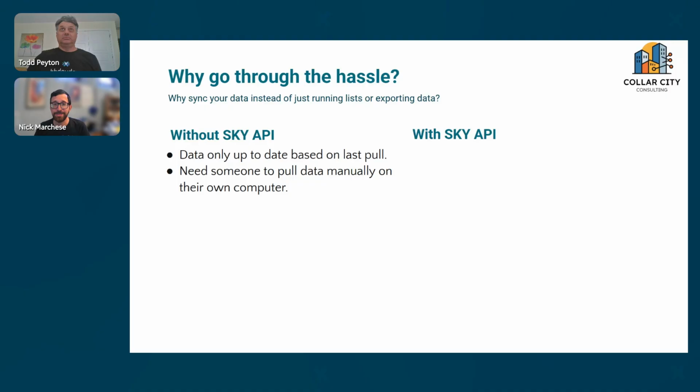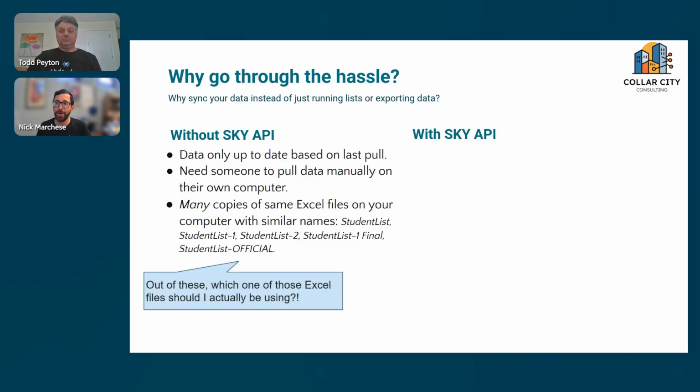You need a person to actively go and pull that data. So you often end up with many copies of the same Excel files with different names. These are different ones that I've seen before, and it's always fun, right? Trying to figure out, is final the real one, or is the official the real one, or is official too? Always a fun game to play.